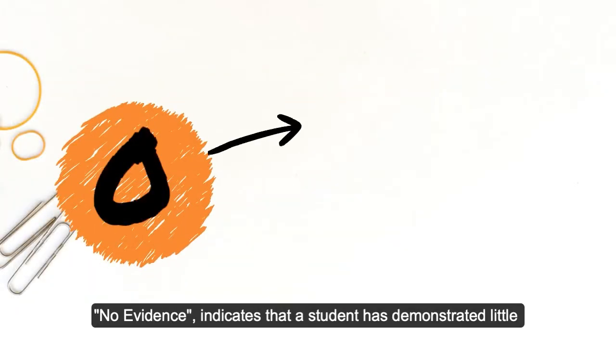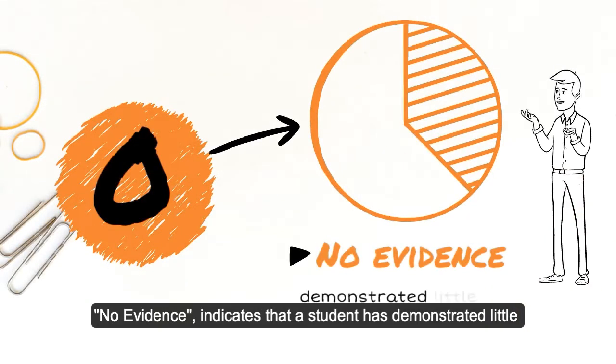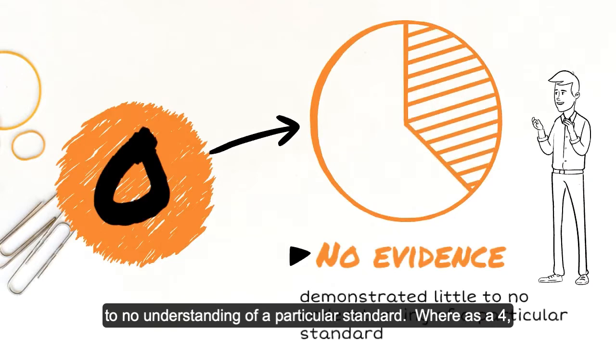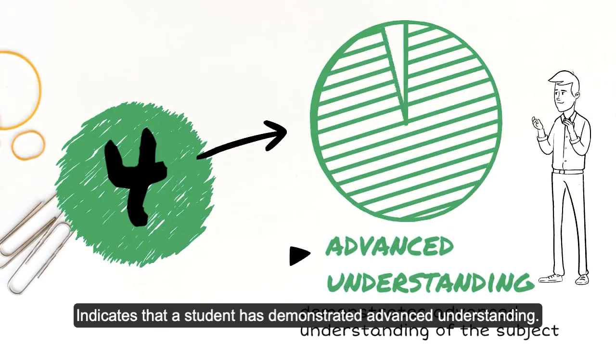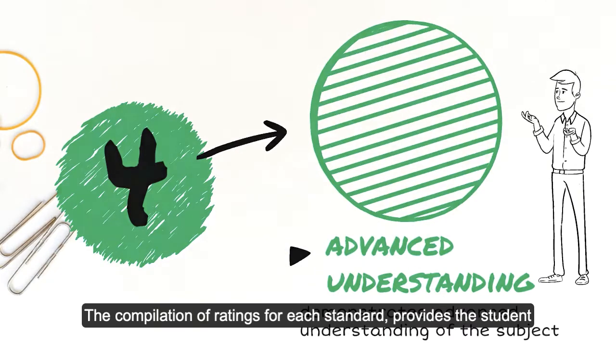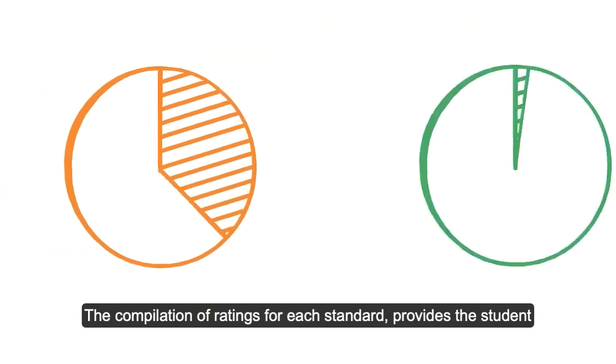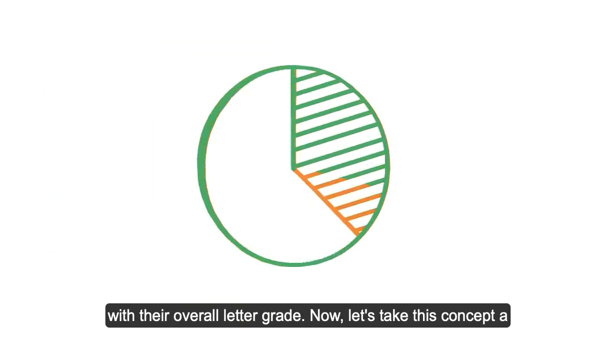For example, 0, no evidence, indicates that a student has demonstrated little to no understanding of the particular standard, whereas a 4 indicates that a student has demonstrated advanced understanding. The compilation of ratings for each standard provides the student with their overall letter grade.